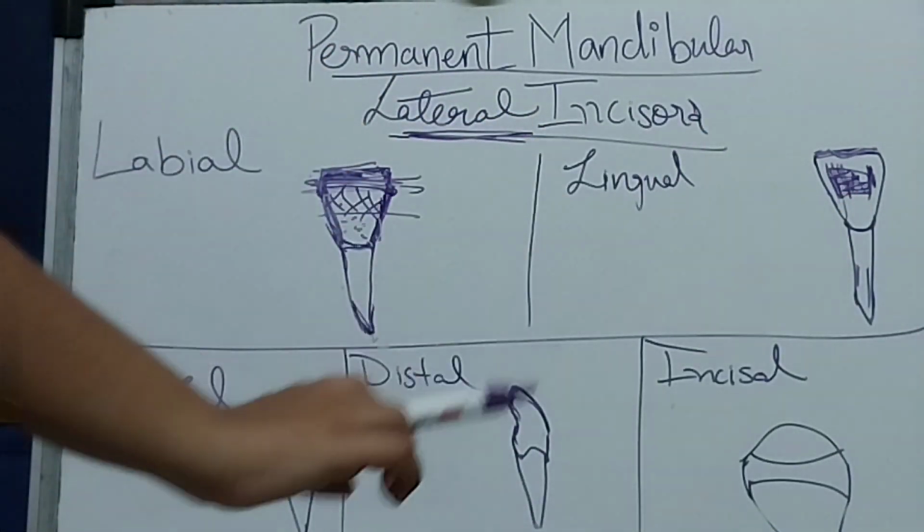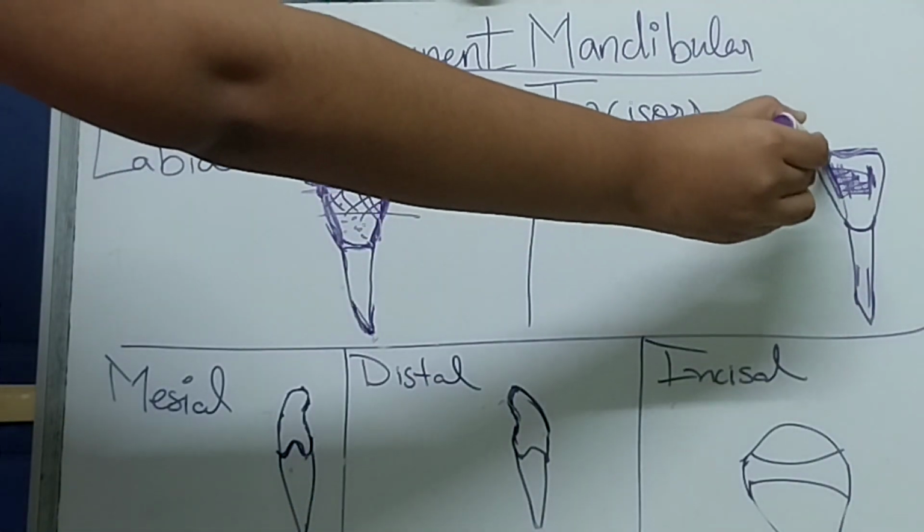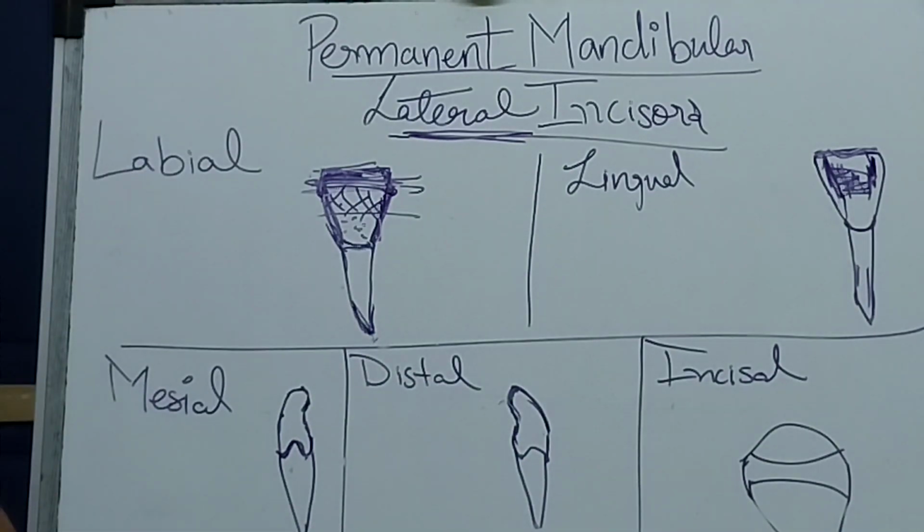It's slight and not that deep, and the marginal ridges are more prominent near the incisal ridge than over the middle third.